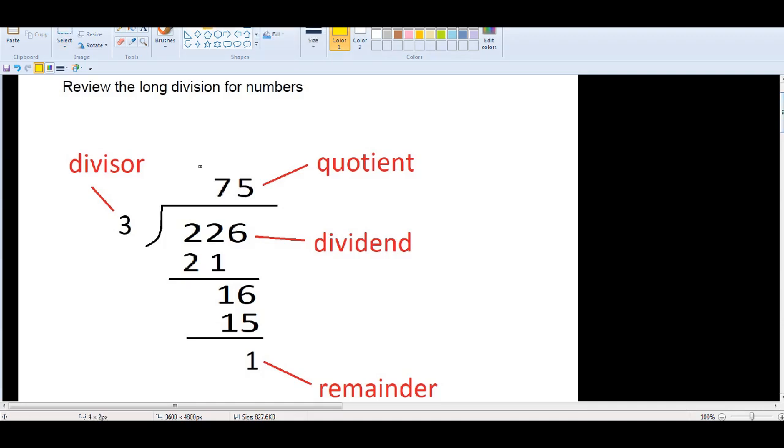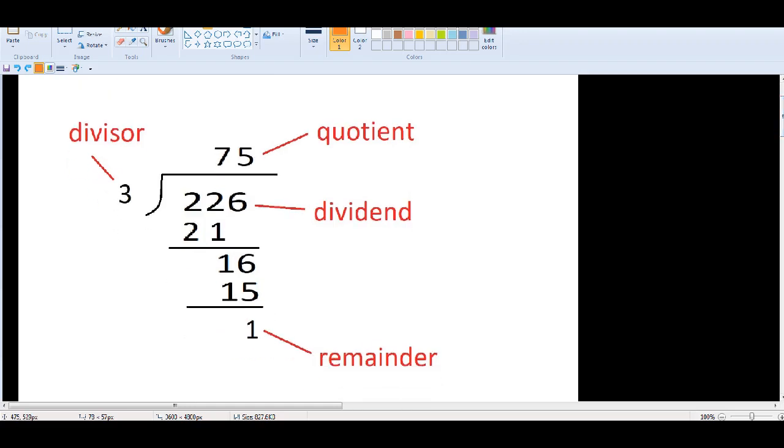So this is what we call the quotient. And for any division, there will be a dividend and a divisor. Normally it's dividend divided by divisor, and then you get the quotient. Sometimes it's not fully divisible, so there will be a remainder.